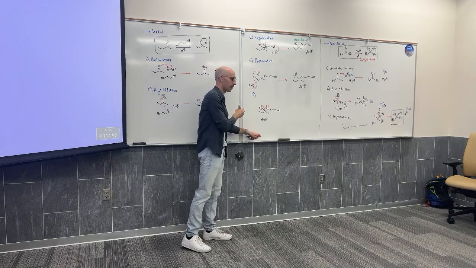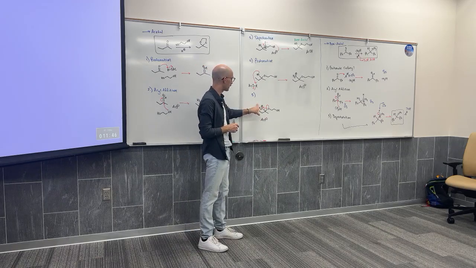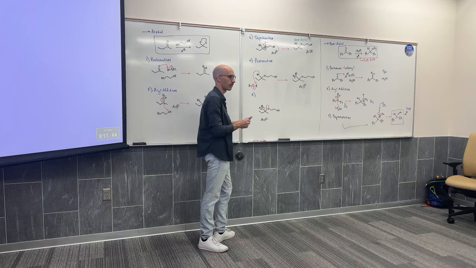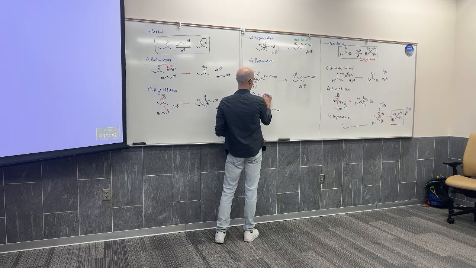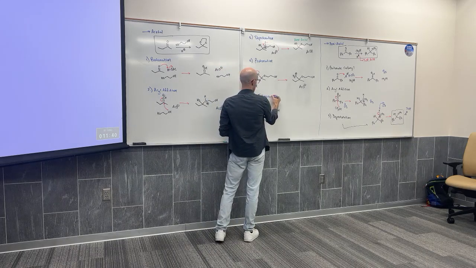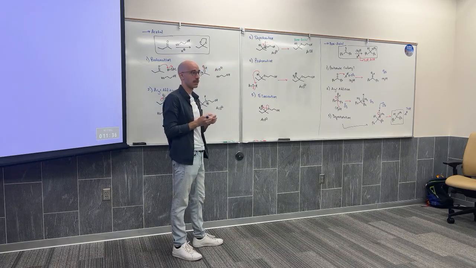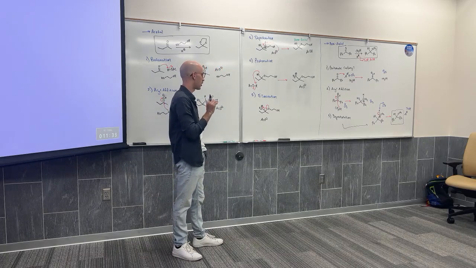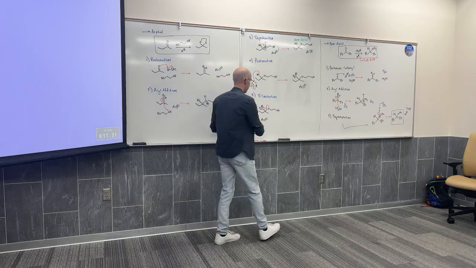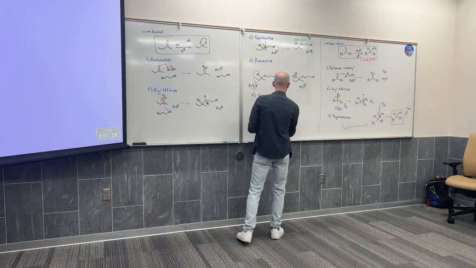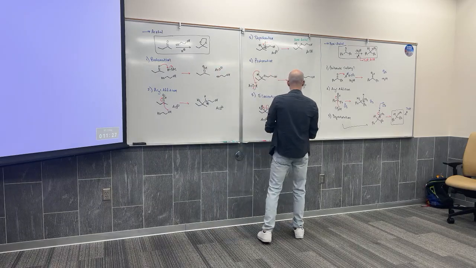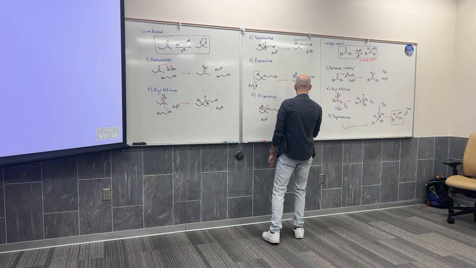Do you know what that looks a lot like? A group leaving while a double bond forms? That's elimination. However, if you don't really see it as elimination, or if you'd like to see it another way, I have another way that you can think about this. That's a substitution instead.